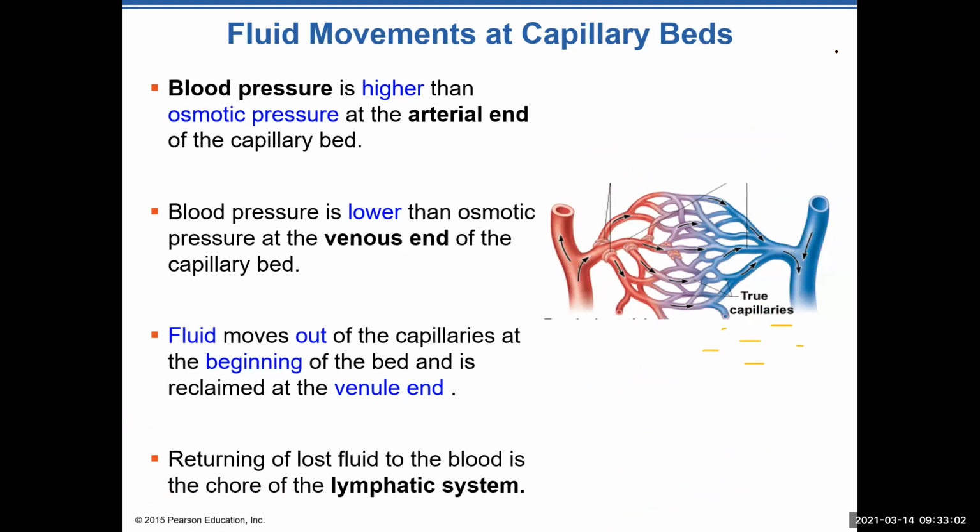Then comes another system, which is called the lymphatic system. Whatever fluid was lost, if some amount of fluid is left behind here, it is the lymphatic system, the chapter we're going to start, that will bring this lost fluid back to the blood vessels.